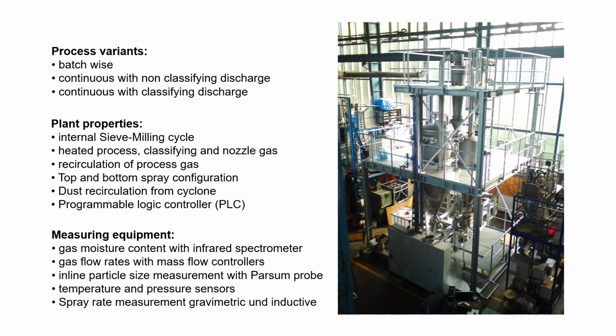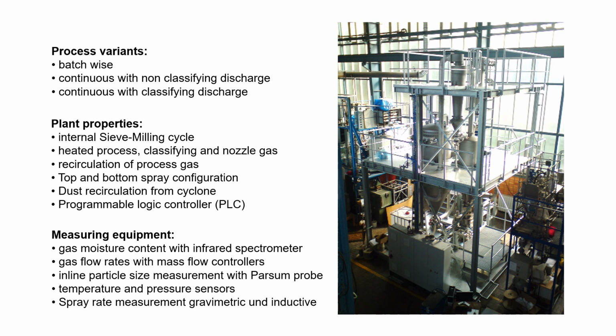As I already explained, we can use the process gas in a recirculation step where we dry the exhaust gas before we use it again. Then we can use top spray and bottom spray nozzles.